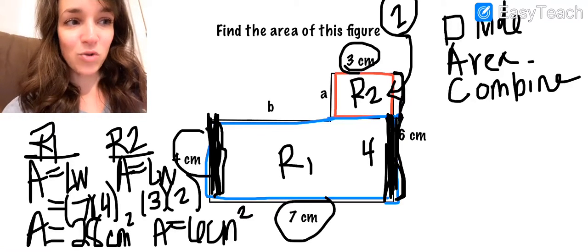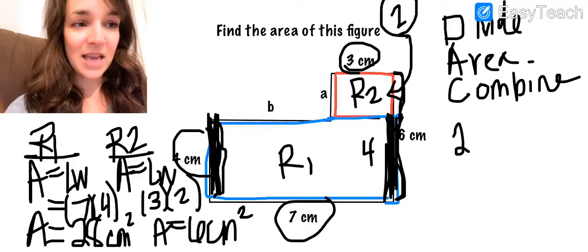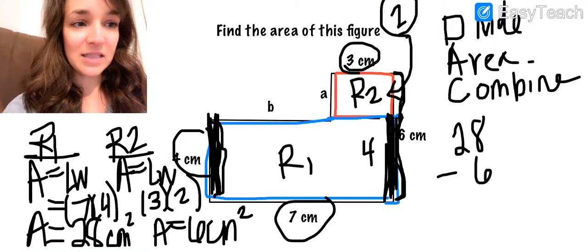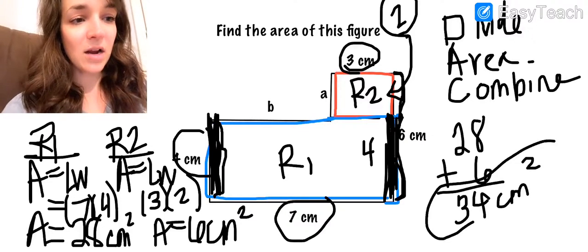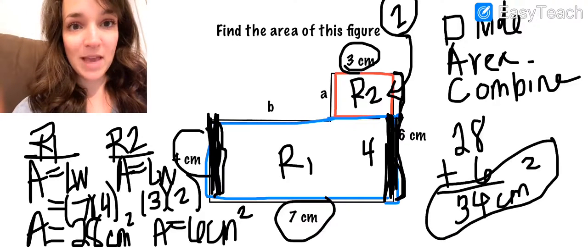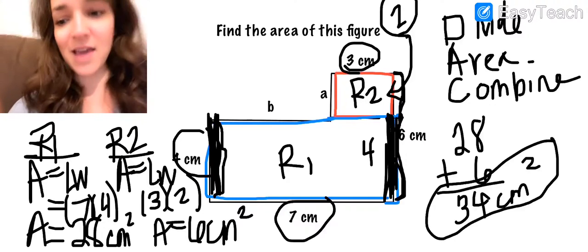So now I'm going to combine my 28 plus 6, and that gives me 34 centimeters squared. It's area, so my answer should always be in units squared, even when it's composite area. That doesn't change that, okay?